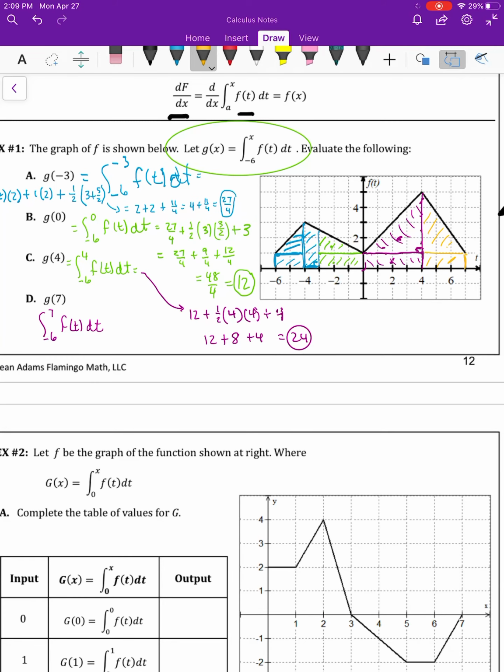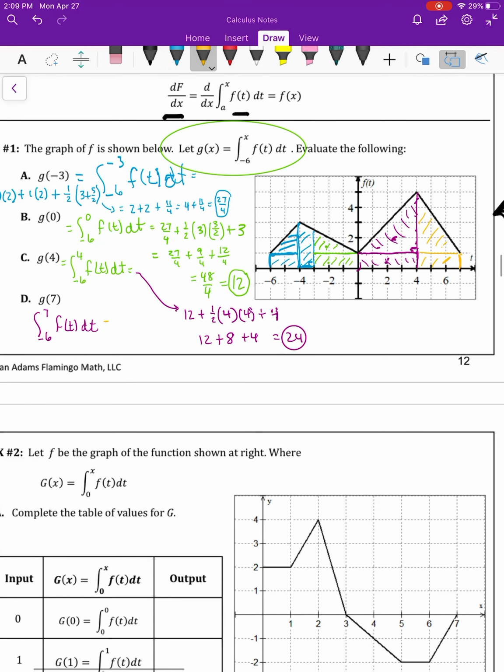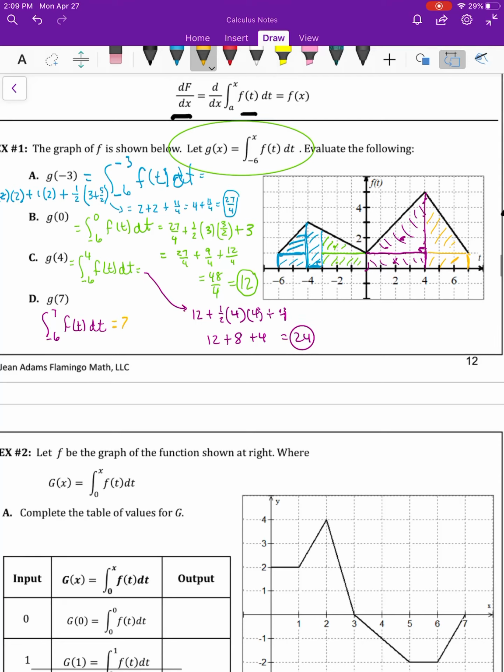And I'm going to start with 24 because that's what we already know from -6 to 4 is 24. And then we're going to add on our 1/2. Our base here is 3. Our height is 1, 2, 3, 4. So 1/2 times 3 times 4. And then plus, it's a 1 by 3. So 1 times 3 is 3. So we've got 24 plus 12 halves, which is 6, plus 3. So my g of 7 is going to be 33.